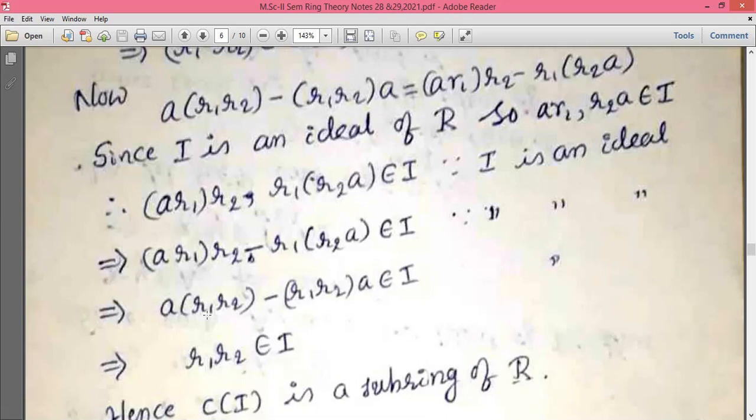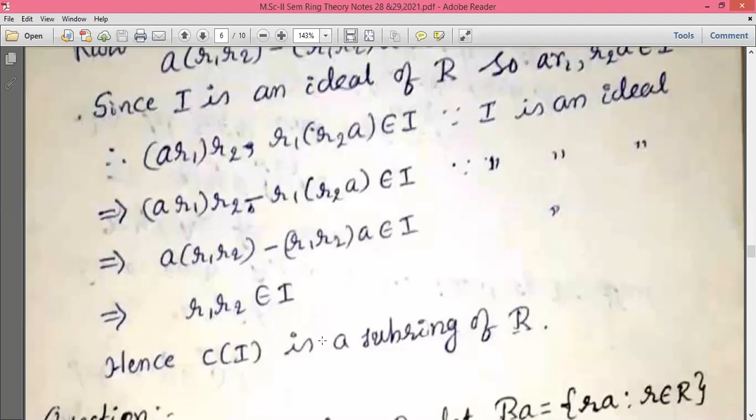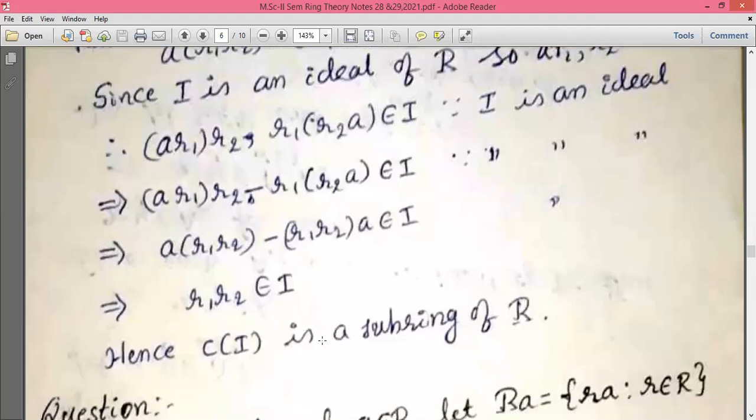So A R1 R2 minus R1 R2 A is a member of I, since I is an ideal, so C(I) also satisfies the commutative property under multiplication, so that C(I) is a subring of R.